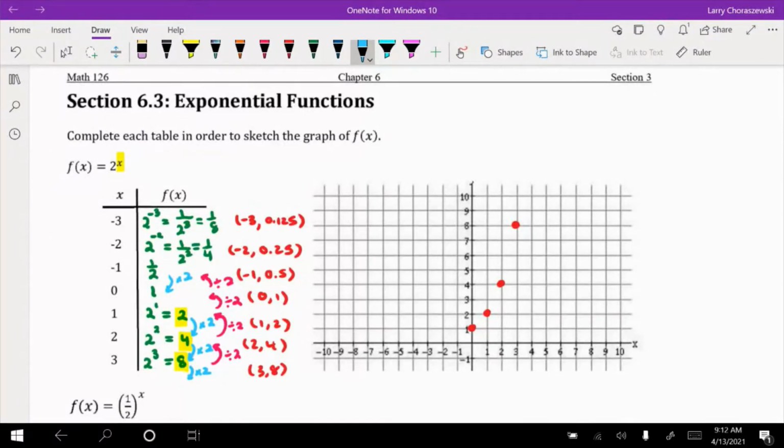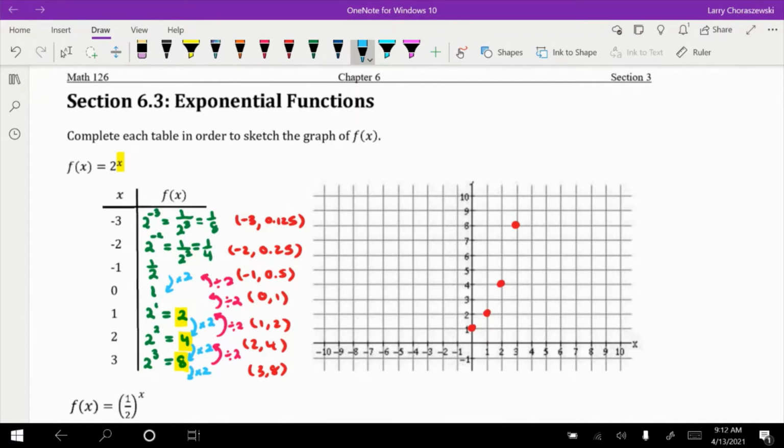And that's kind of typical of exponential functions. When you go in one direction along the x-axis, you're going to have one end of the graph that skyrockets to positive infinity. That would be to the left or right of the point 0, 1. In this case, to the right of 0, 1, we have points that are quickly going up to positive infinity.